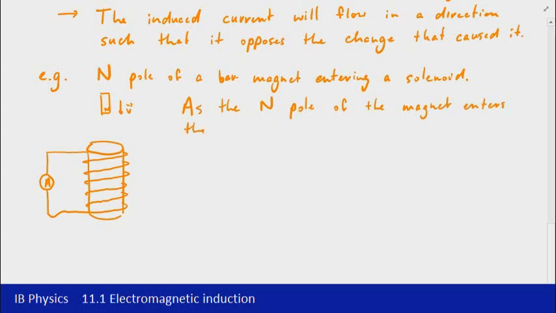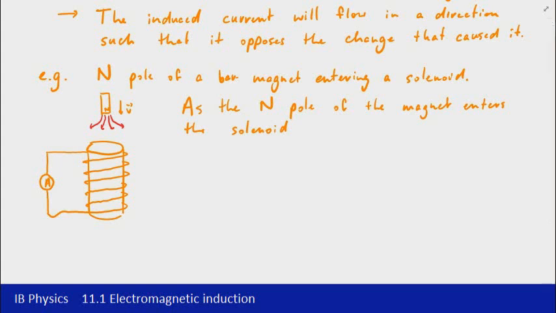And by dealing with the north pole, what we know about magnetic field lines is that they originate from a north pole and spread out as they come away from the north pole. Now they would loop back around into the south pole, but we're only really interested in this region that's beginning to enter the solenoid itself.